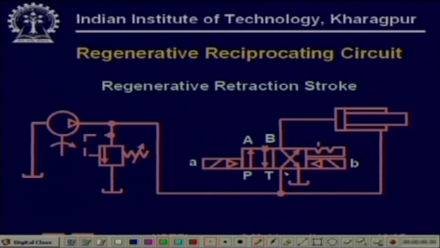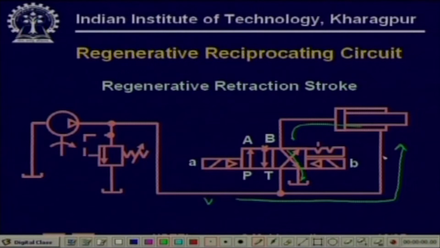In the retraction stroke, now you are in this position. So now this is the path, directly this is the path, there is no fluid addition or anything. So now what is happening is that if this is V, then this is V, and obviously because it directly goes into this, what is going to be this?